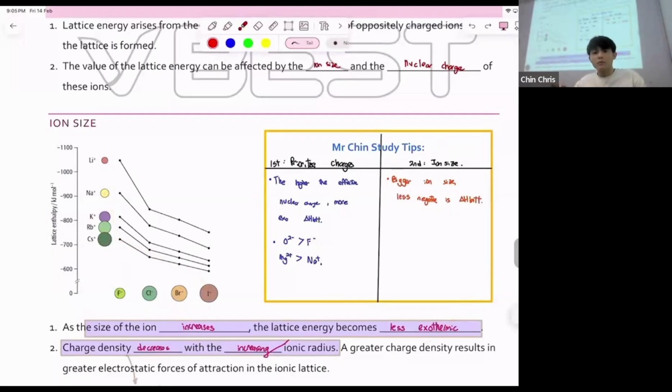When a strong bond is formed, a lot of energy is given out. Bond forming releases energy. Bond breaking absorbs energy. If you want to break a bond, you absorb energy. Break a bond, absorb; form a bond, release.